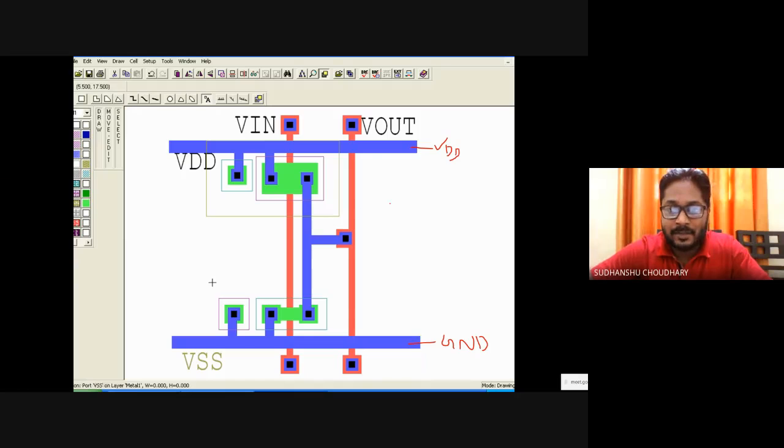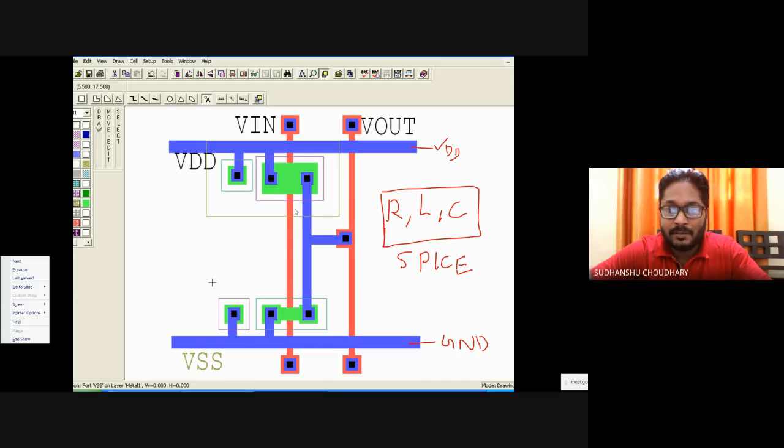Parasitics means R, L, and C. We will extract all these R, L, C from the layout, and then include these parasitics in our SPICE simulation. We did SPICE simulation in assignments number 1 and 2, and that was also for the same inverter. We will draw the layout of the same inverter, extract these RLC parameters, put them into assignment number 1, and then again perform the simulation.